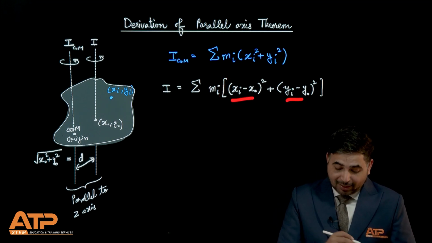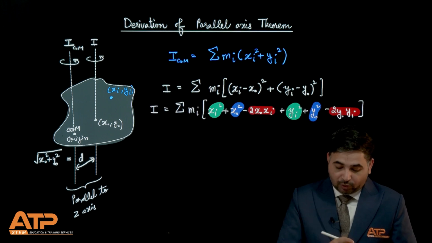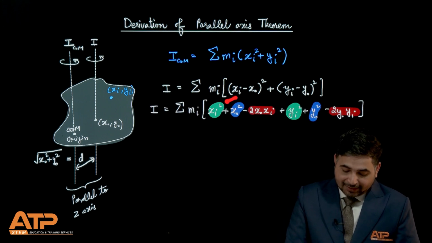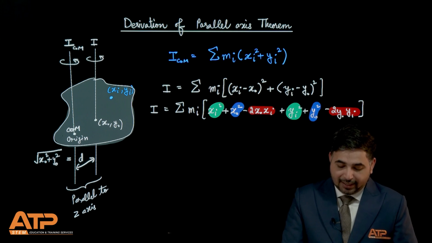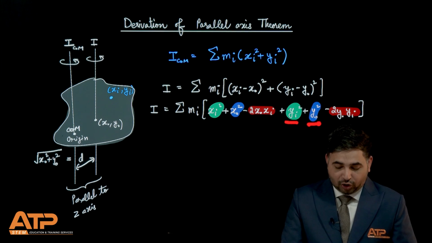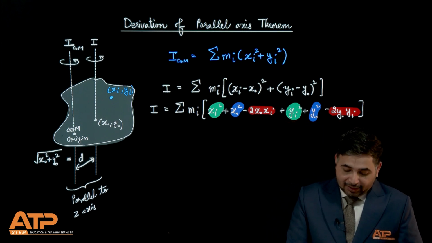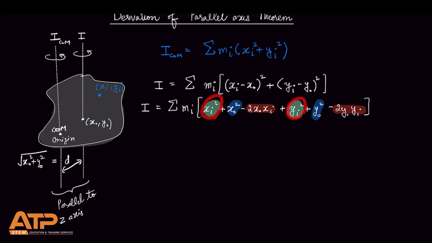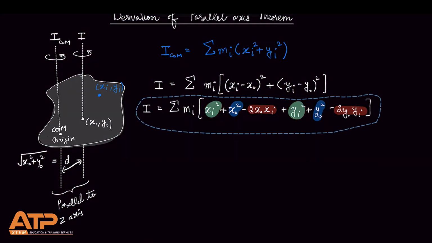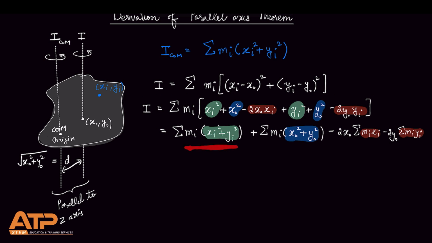Let's open these brackets. If we open these brackets, what are the terms that we are getting? Xi square, x naught square, and minus of 2 x naught xi. Then yi square, y naught square, and minus of 2 y naught yi. Right? If I club these green terms together, I will end up writing this term.